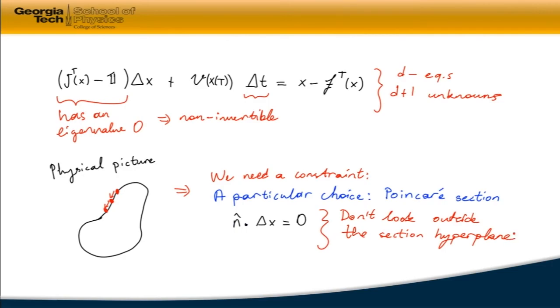Now the next thing we're going to do is attach this constraint to the equations we have above and write the whole thing as one matrix equation.